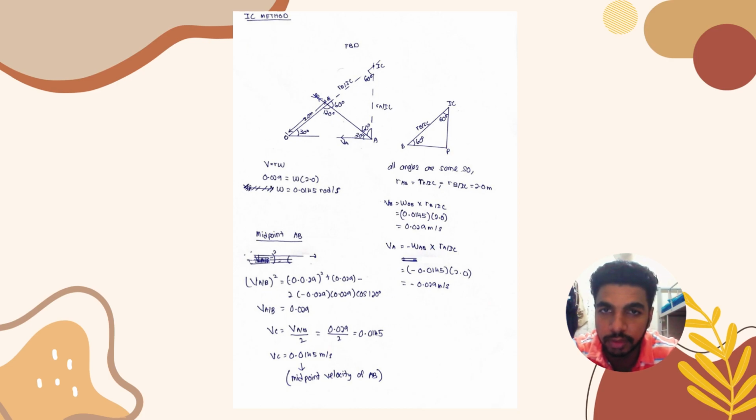So in order to find the midpoint velocity of AB, we have to divide by 2. When we divide it by 2, it becomes 0.014 meter per second. So this is the midpoint velocity of AB. As we see, we use the formula V equals R omega in order to find all the velocities here. So thank you. That's all from me.